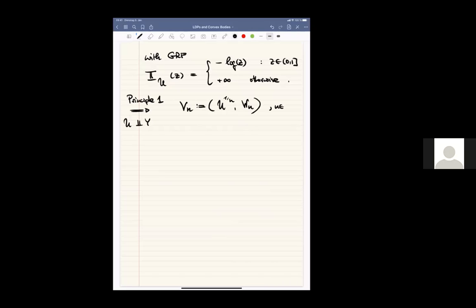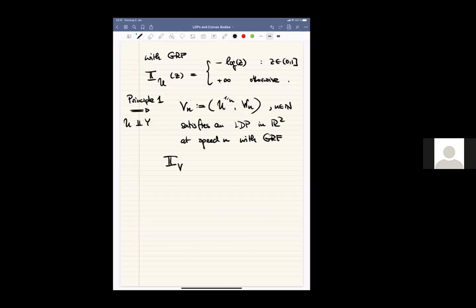And this sequence satisfies an LDP because this sequence does and this sequence does, and they're independent. This is principle one. So this satisfies an LDP in R2 at the same speed. The speed was n, so at speed n, with good rate function given by the sum.